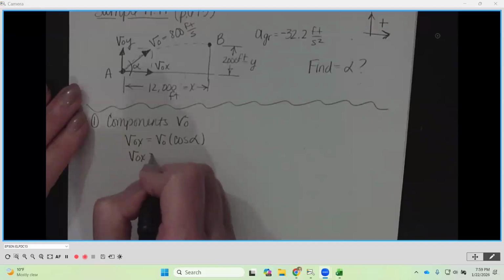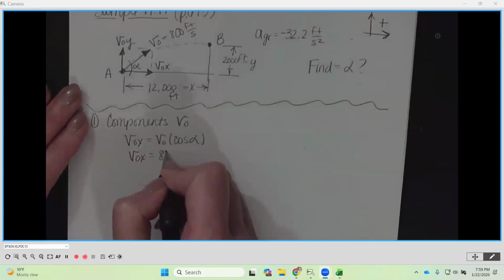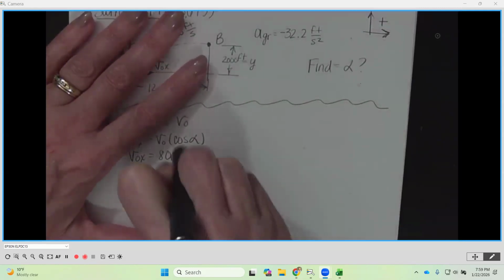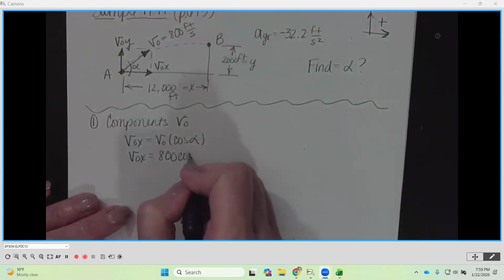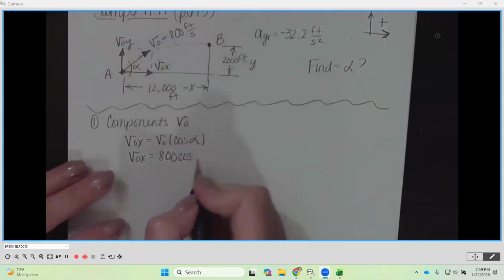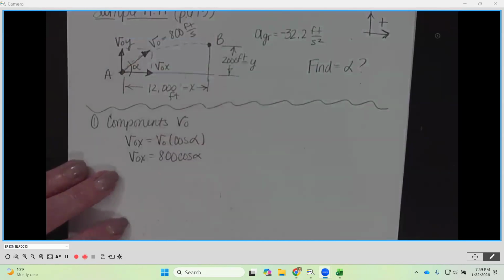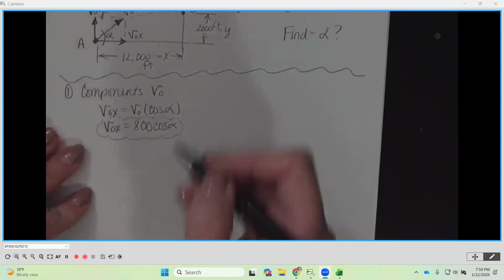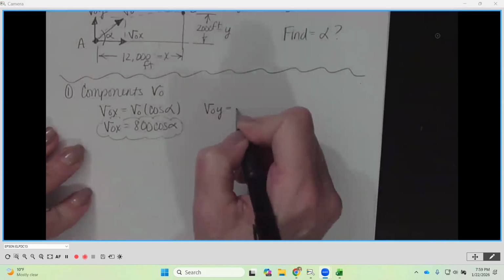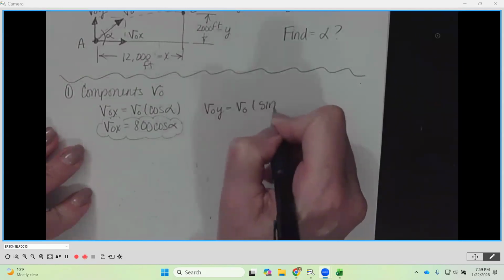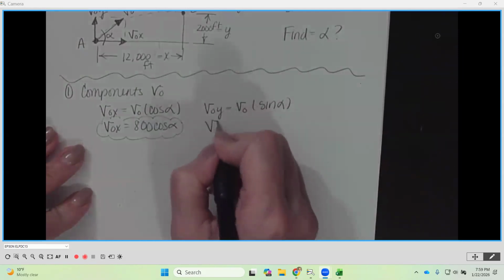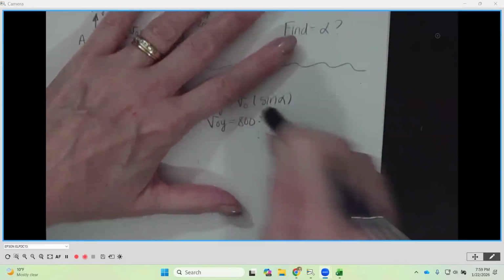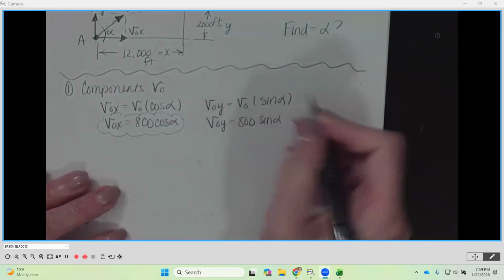So our horizontal component of that velocity is going to be 800 times cosine alpha. Then we do the y component, and that's going to be times the sine of alpha, so our value is 800 times sine alpha.